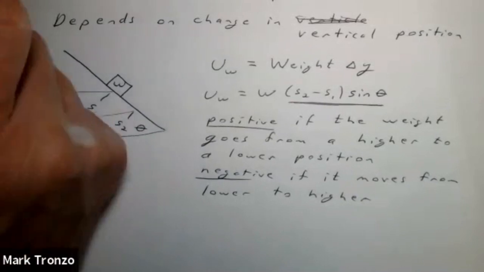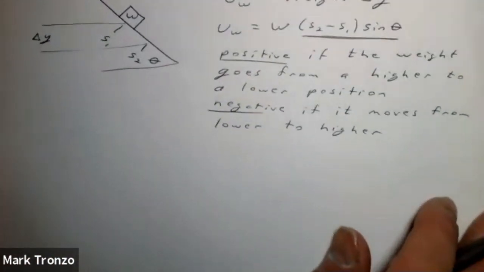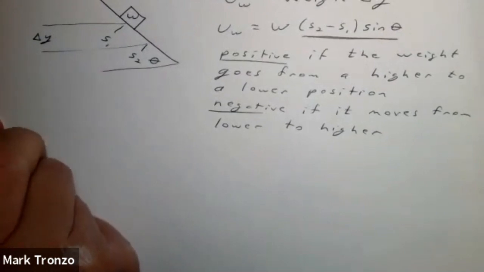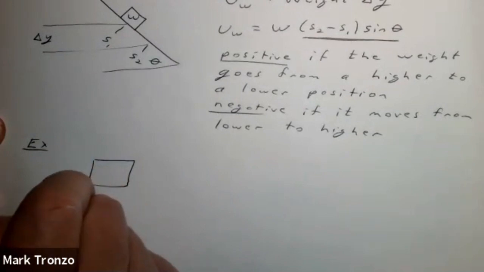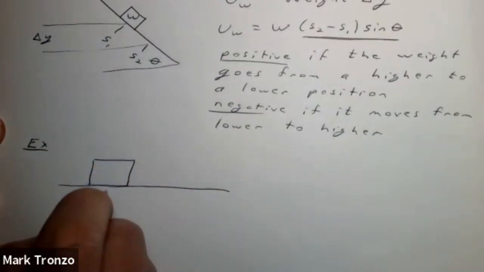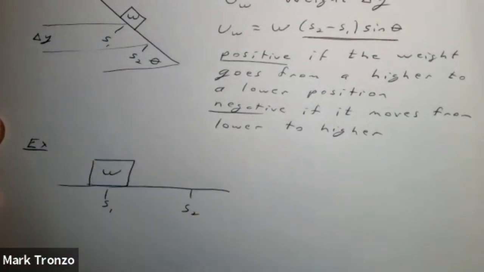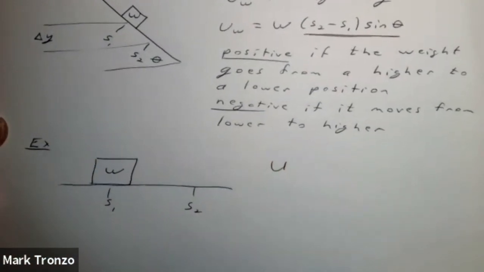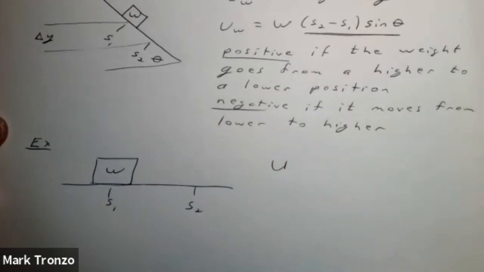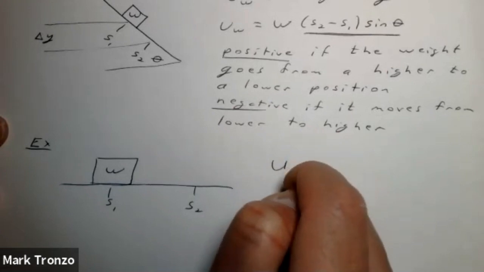And so that would be an example here. Also, if we have something along a path here, going from S1 to S2, with some weight, you can see if it's on the horizontal, obviously this is going to be 0, since it has no vertical change.